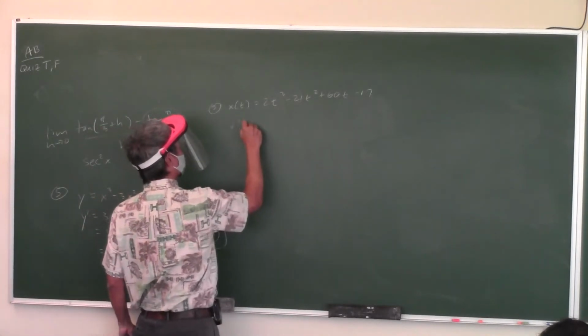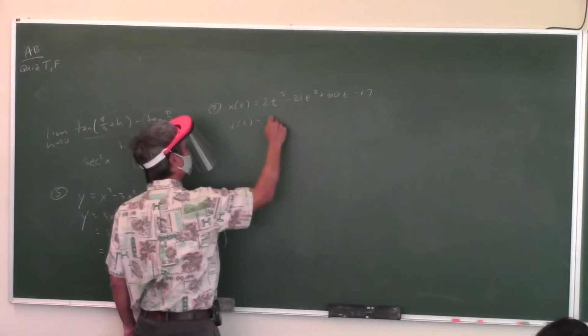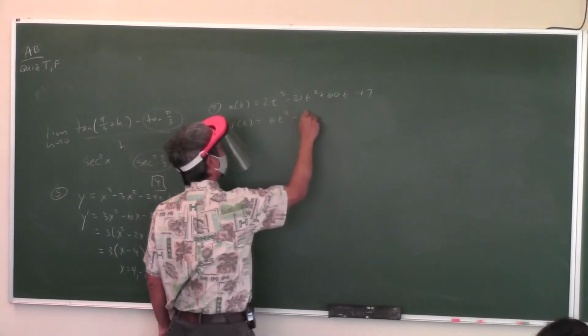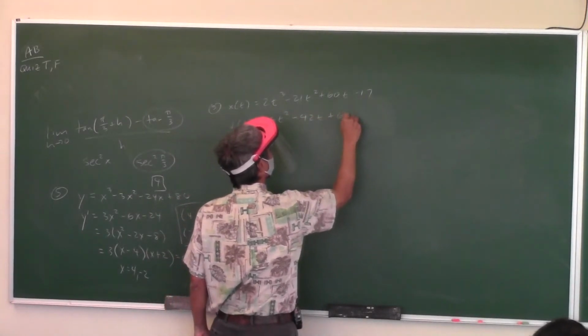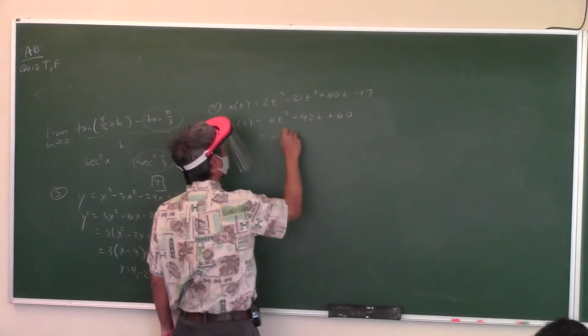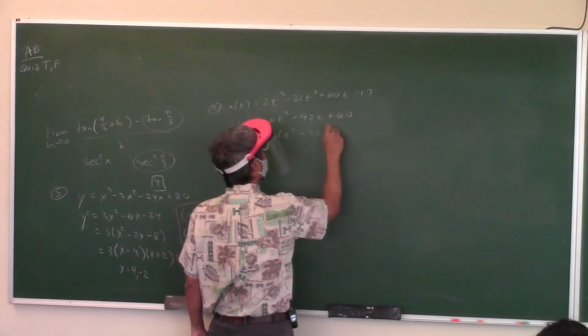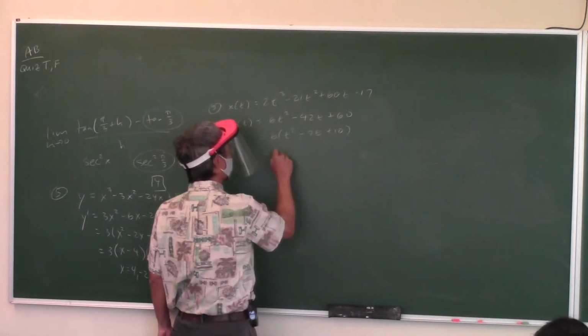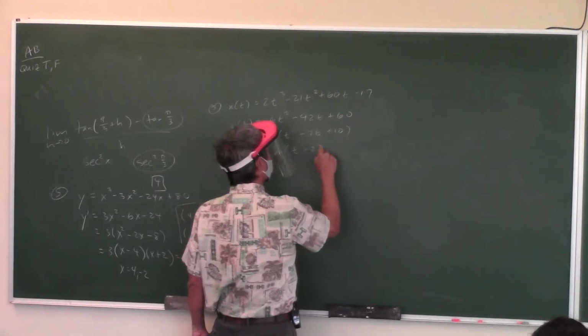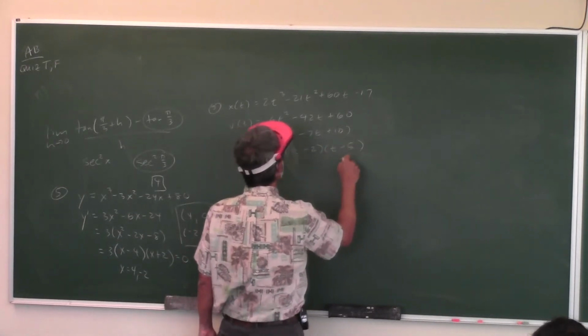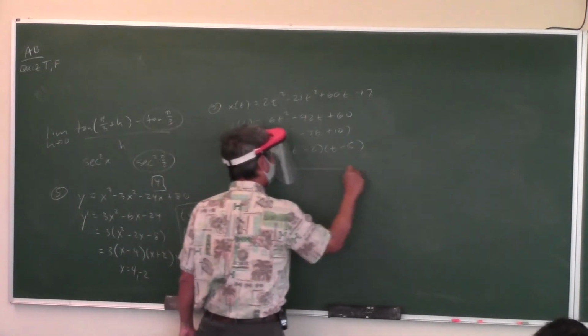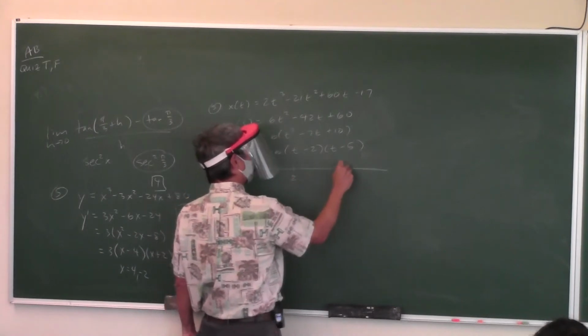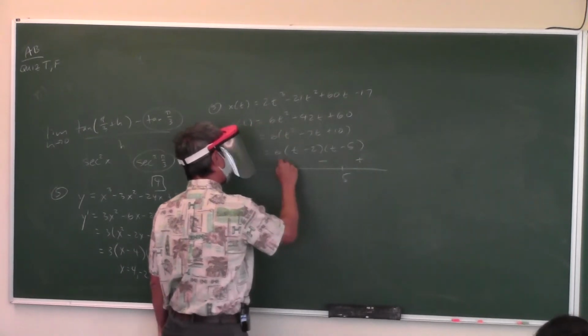So the velocity is, take the derivative, factor out 6, and it factors very nicely. t minus 2, t minus 5. Make a number line. Plus, minus, plus.